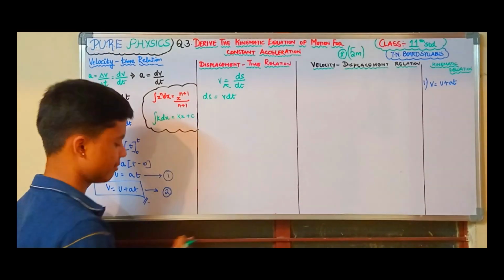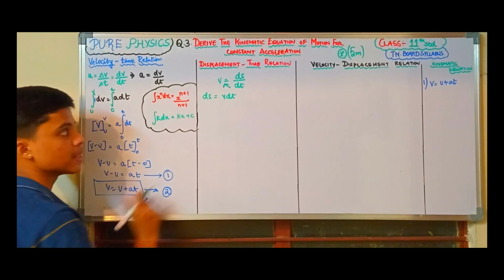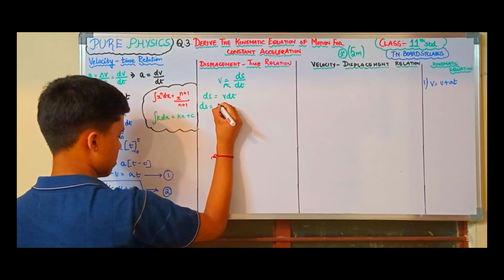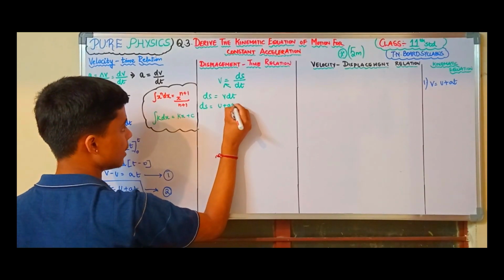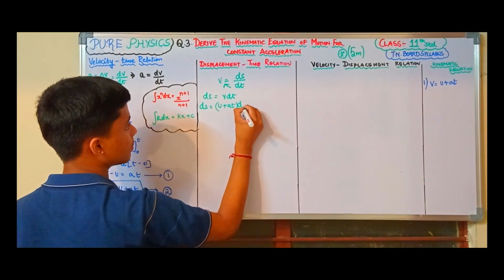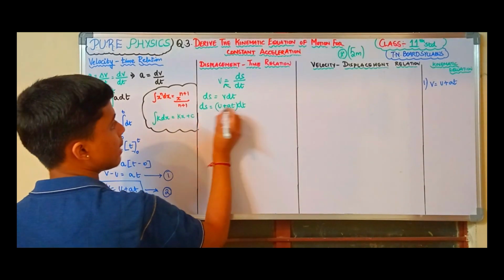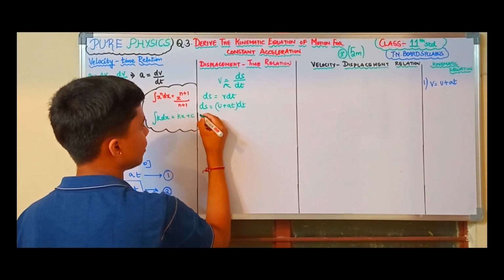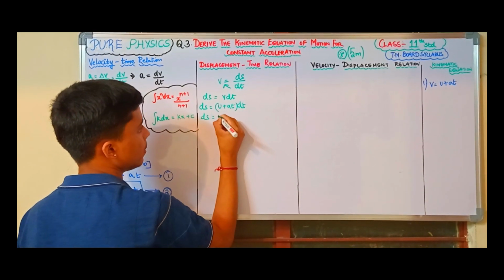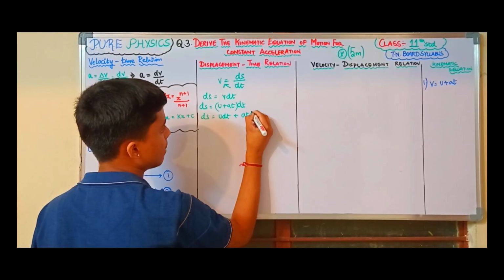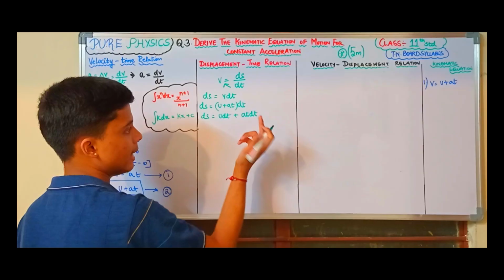Now in the place of v I can substitute the second equation, where I will have ds is equal to u plus at into dt. Now when I multiply u with dt, I will get u dt. So ds is equal to u dt plus at dt, because when I multiply at with dt, I get at dt.